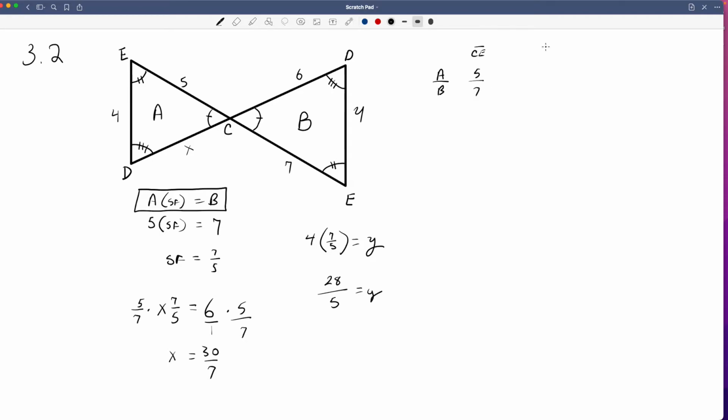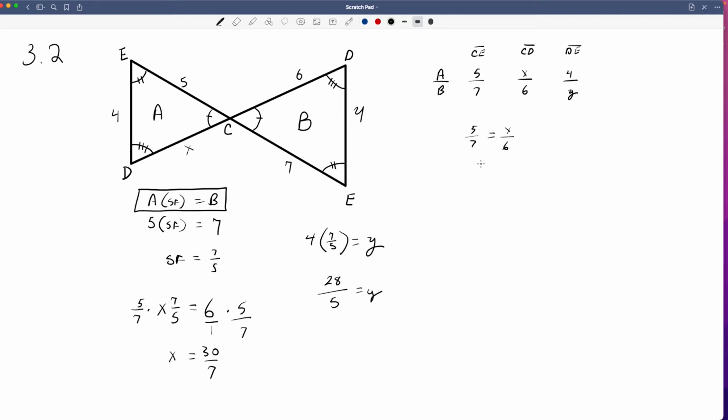All right, and now if I do line segment CD, that's going to be x over 6. And if I do line segment DE, then that is going to be 4 over y. So all I have to do is set this up as a proportion for each one of these and solve for the unknown element.